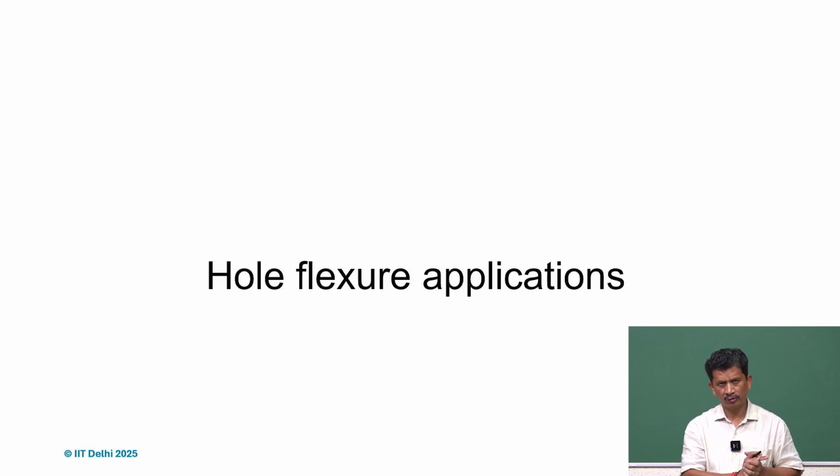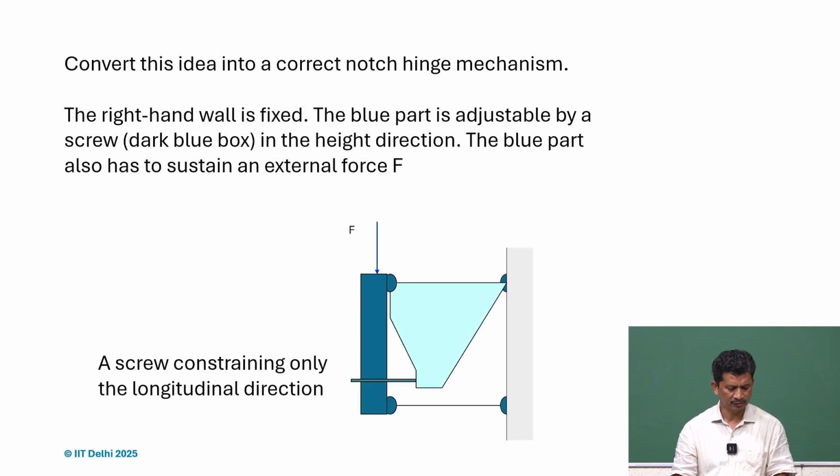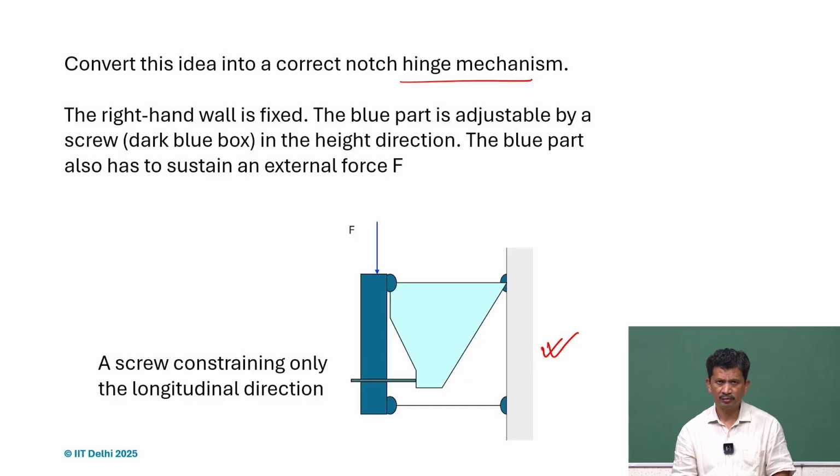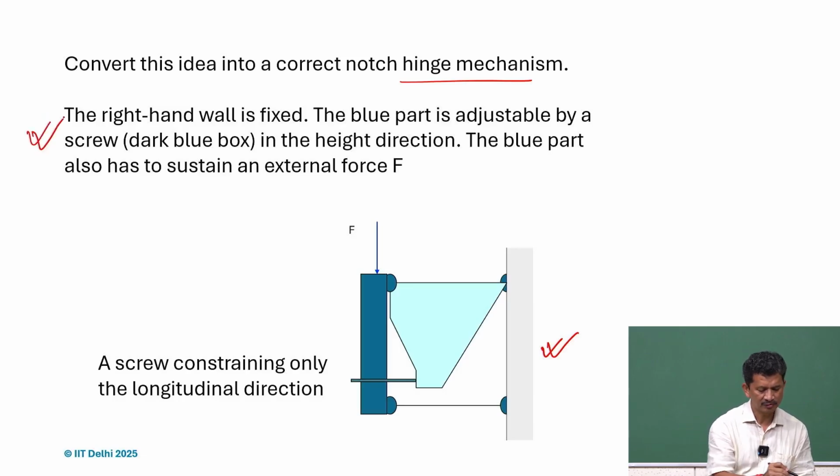So that's about the whole flexures, and we can look at some applications. For instance, if we have this problem, how do we convert it into some notch hinge mechanism, or call it whole flexures? Notch hinge is called that because we are creating notches. So the problem statement is here.